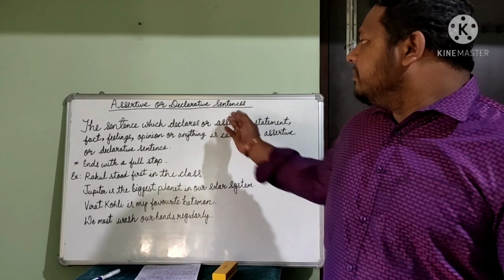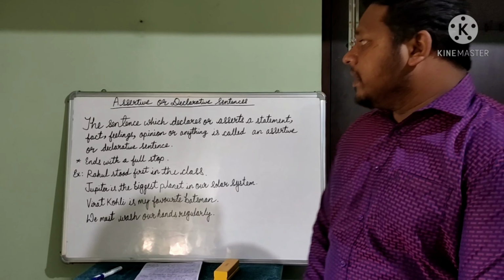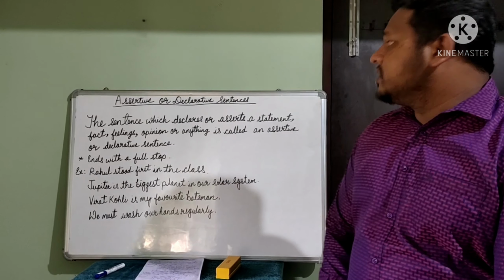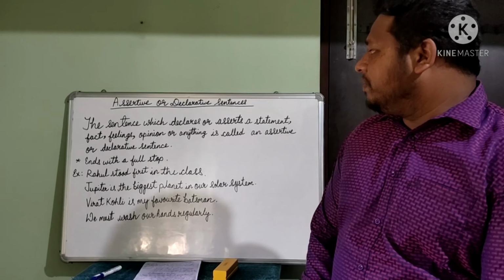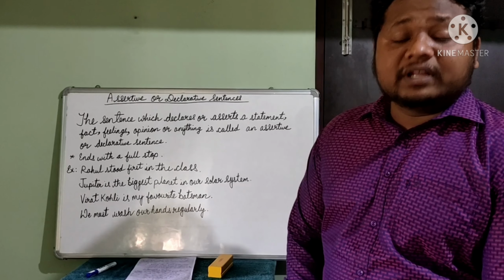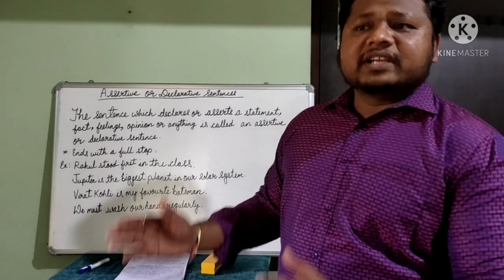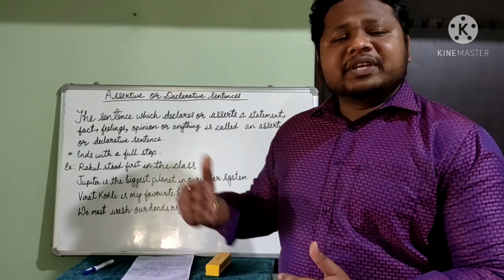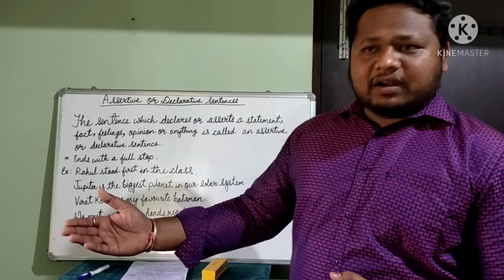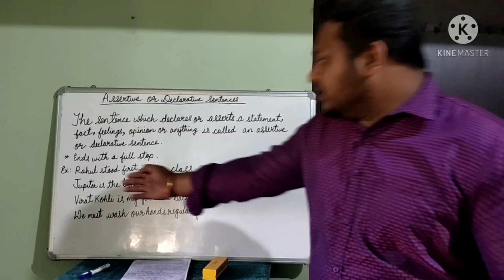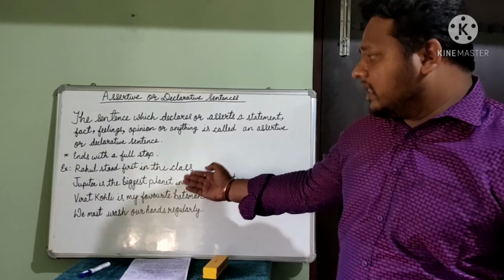Now, assertive or declarative sentences. A sentence which declares or asserts a statement, fact, feeling, opinion, or anything is called an assertive sentence. Generally, it comprises the sentences that we use regularly while talking or saying something. For example, Rahul stood first in the class.